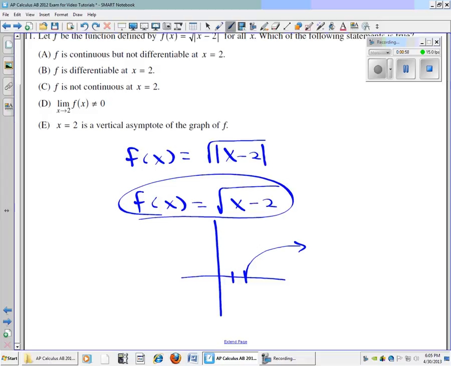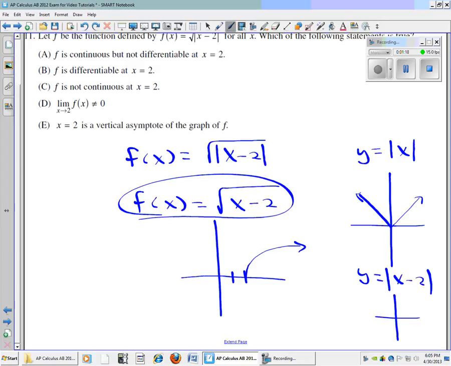So what does this absolute value do to my problem? Well, I know if I had something like y equals the absolute value of x, I'd get a V at the origin. And if I had y equals the absolute value of x minus 2, it would be just a shift to the right 2, and I'd get the same thing.